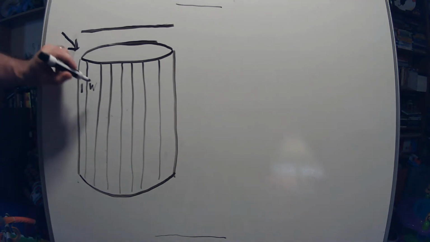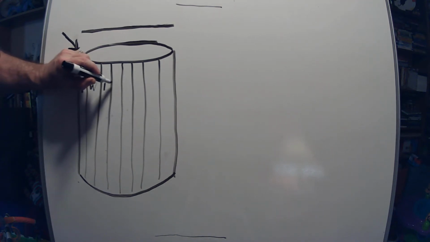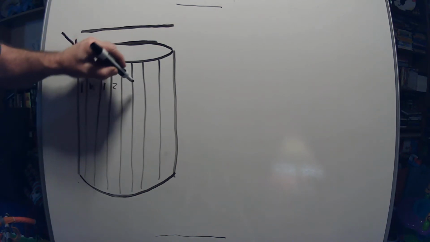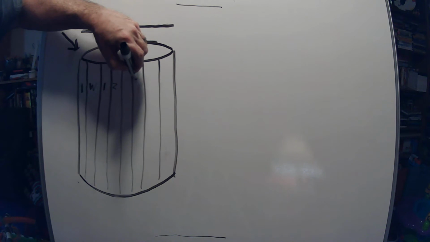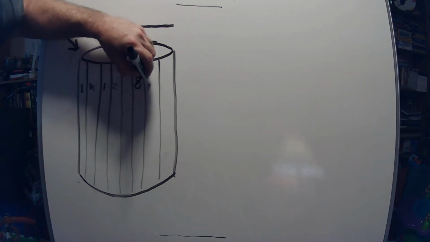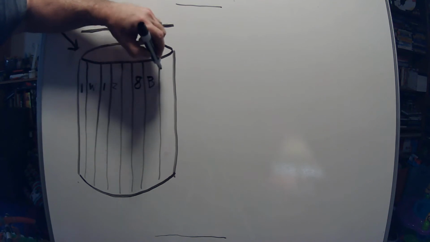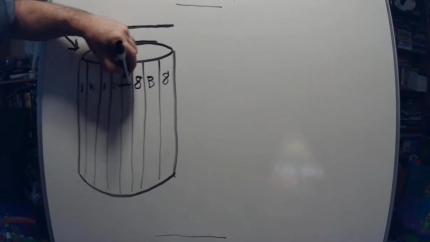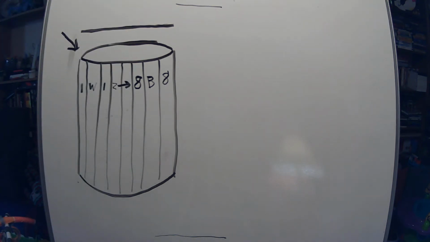All right? Then you're going to have gray 1, 2, 3, all the way across until you get to gray 8, right there, black, and then gray 8 again there. So that's just going to blend over that direction. 1, 2, 3, 4, 5, 6, 7, 8, black, and 8.